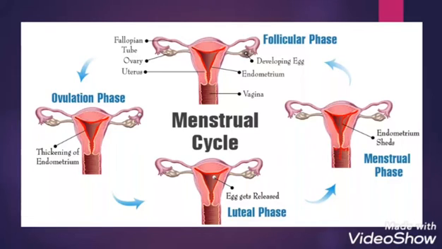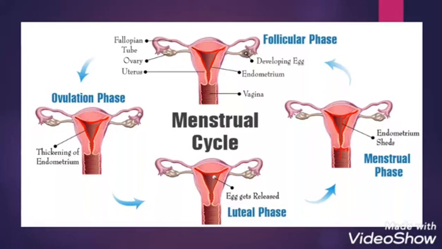After the egg cell has been released, the now empty follicle stops secreting estrogen and it becomes corpus luteum. The corpus luteum starts to secrete another hormone, which is progesterone, and levels of FSH and LH fall. It is now in the luteal phase.